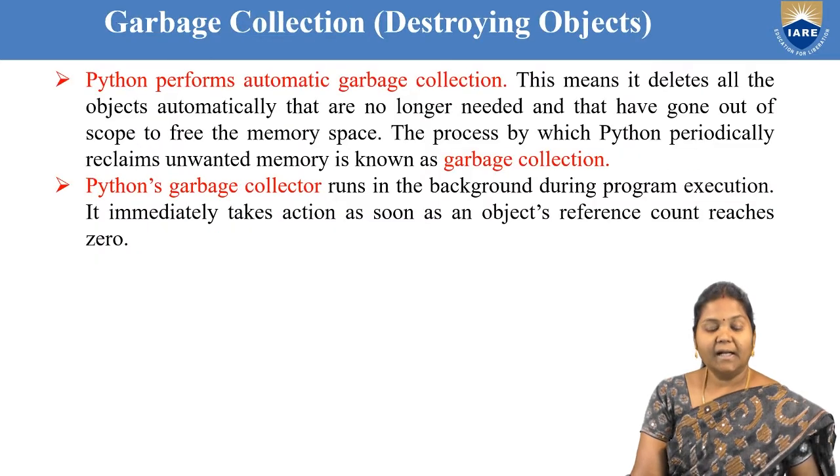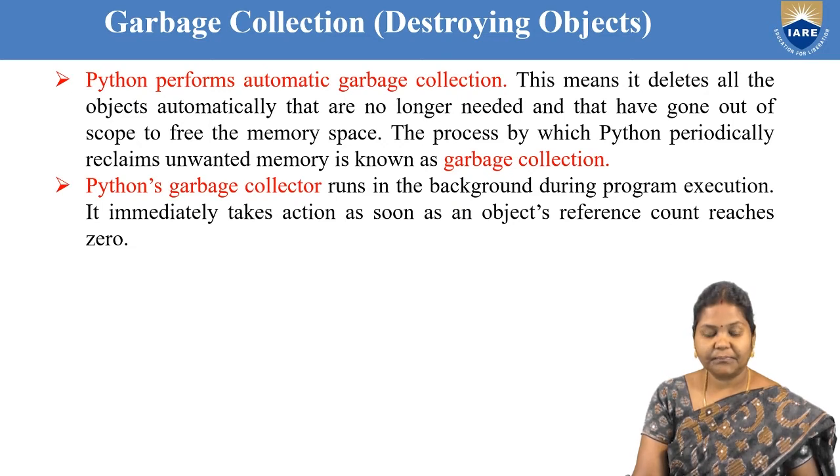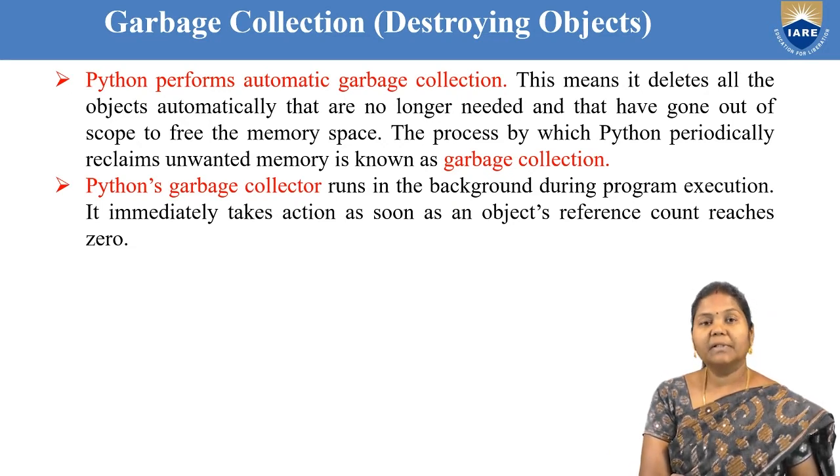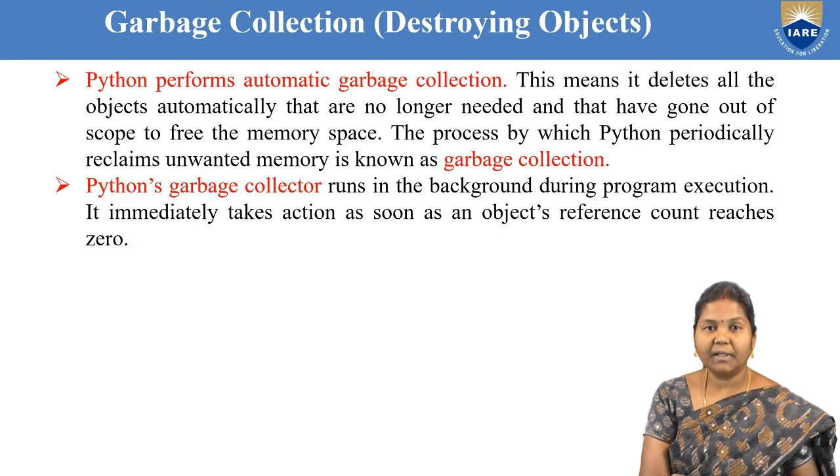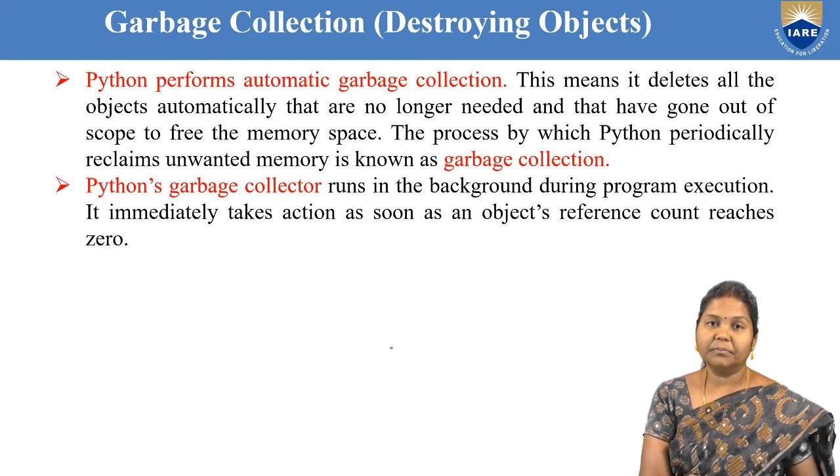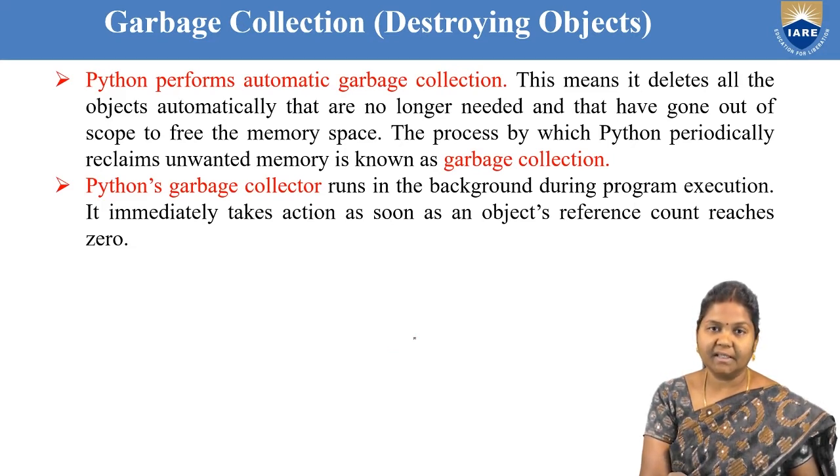Now, let us understand what garbage collection is and how to destroy objects. So, what is the garbage collector in Python? The advantage of Python programming is that Python performs automatic garbage collection. It means that whenever objects get deleted, the memory space occupied by those objects is released or freed up and collected by the garbage collector.